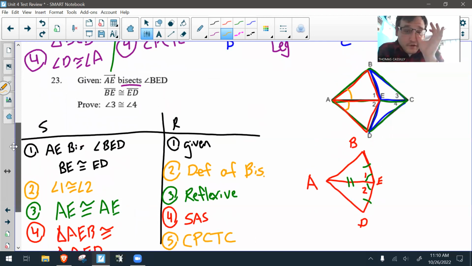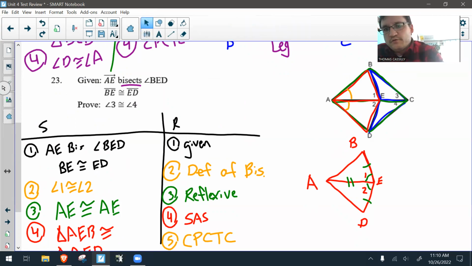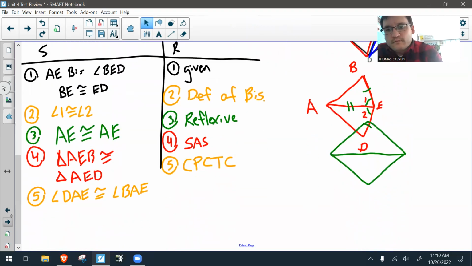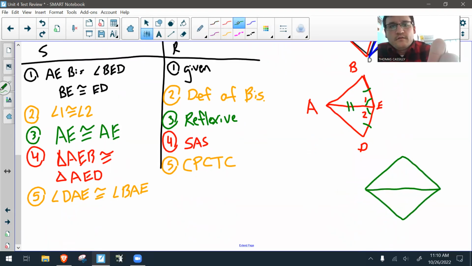All right, so now if we look at the green triangles here, so I'm going to just take the green triangles and I'm going to try to move it down here. We just said that these two angles are congruent.